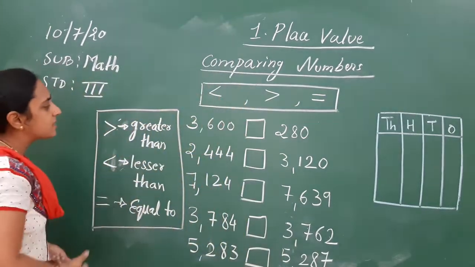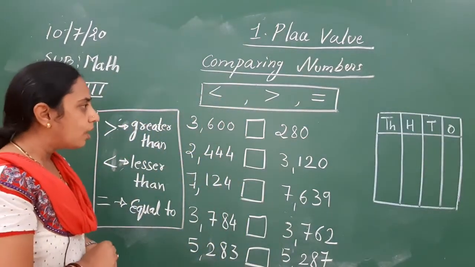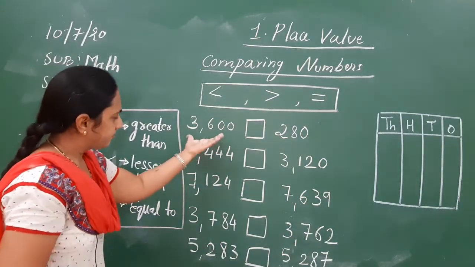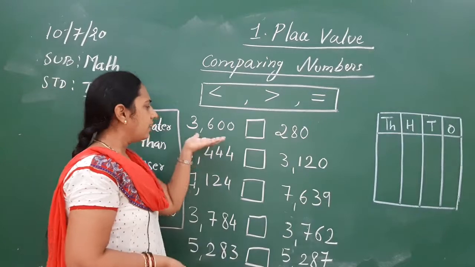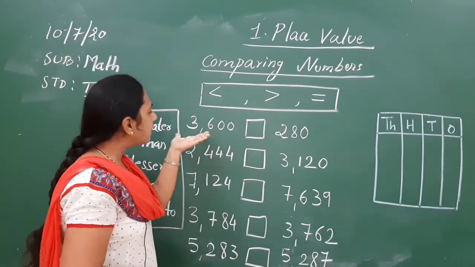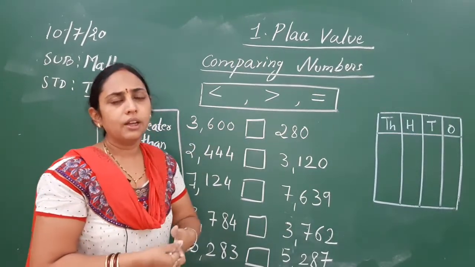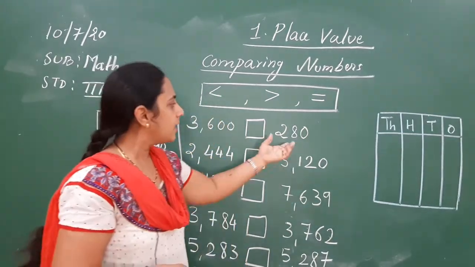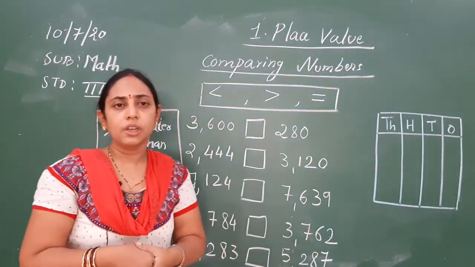Now let us compare some numbers. Suppose in a library there are 3600 books in Hindi and 280 books in English.